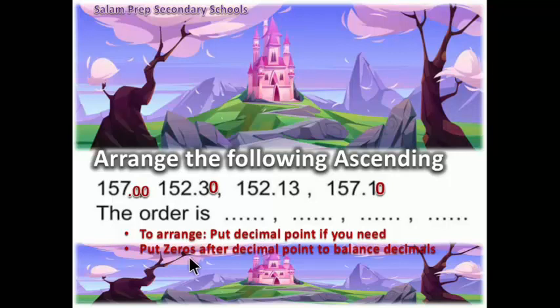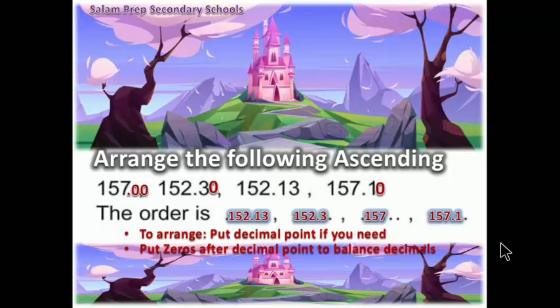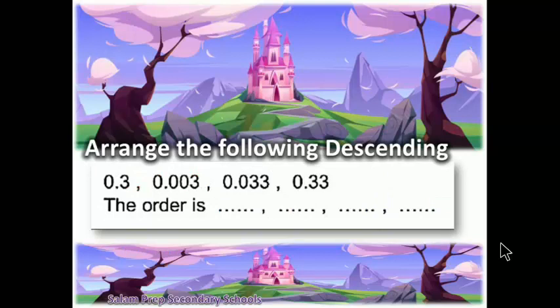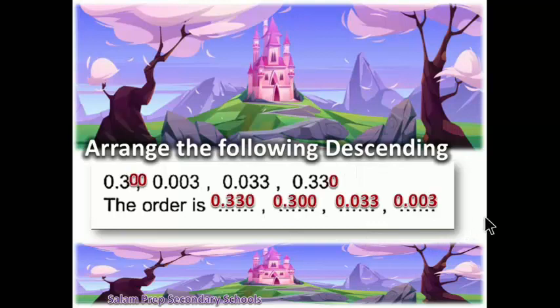Put zeros after decimal point to balance decimals. You can check your answer. Arrange the following descending. Descending means from the greatest to the smallest. We need to balance decimals. Please put zeros to balance decimal numbers.